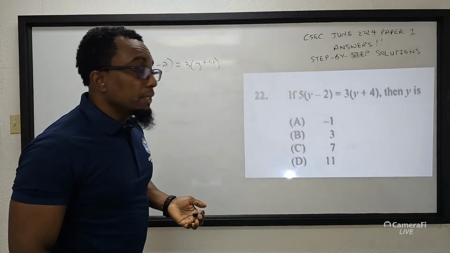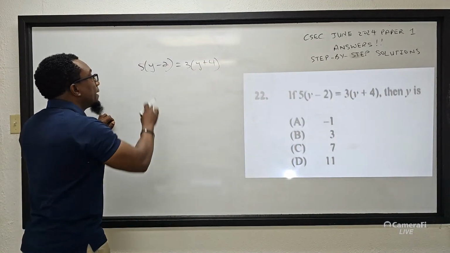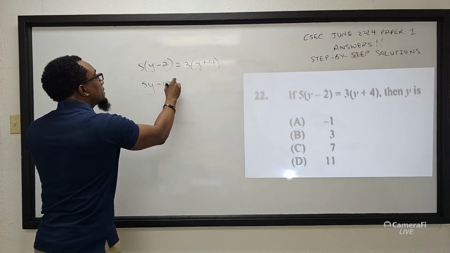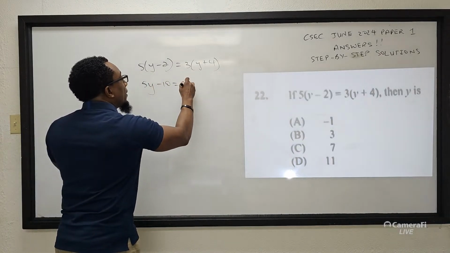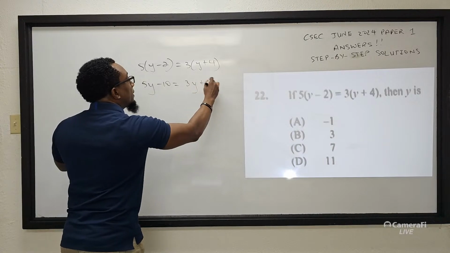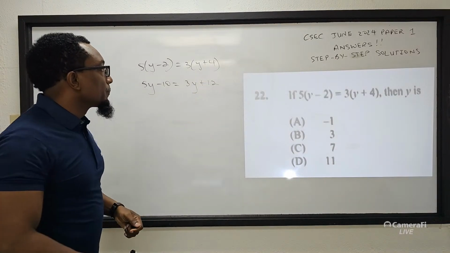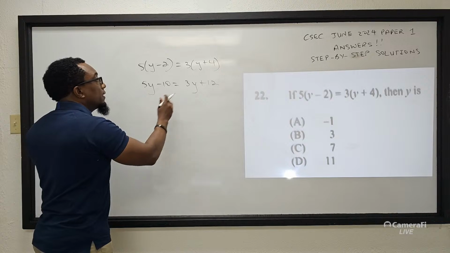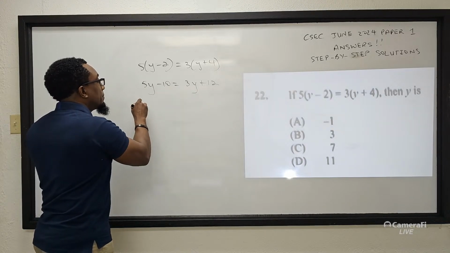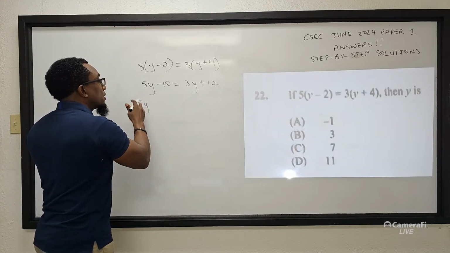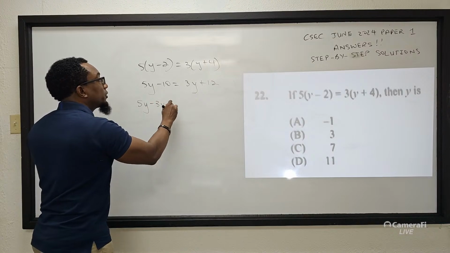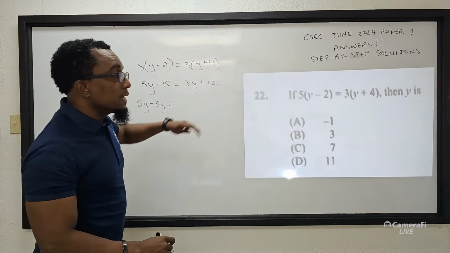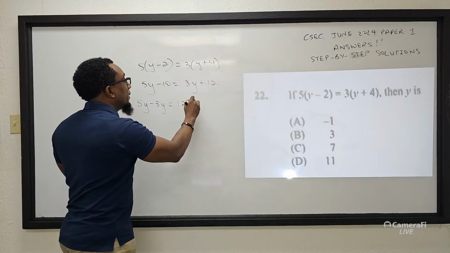Simple equation to solve, so I'm going to remove my brackets. 5 by y is 5y. 5 by negative 2 is negative 10. 3 by y will give me 3y. 3 by 4 will give me 12. I'm going to place all my unknowns with y on one side, so I'm going to subtract 3y from both sides. And I'm going to add 10 to both sides, so this becomes 12 plus 10.